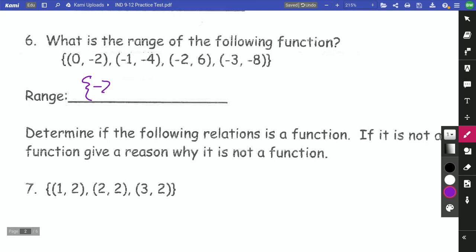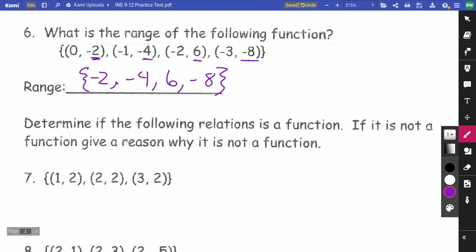Well, there they are for us. We just write them down, the y values for each of those ordered pairs. -2, -4, 6, -8. And sometimes this seems too easy and people think they need to do something else, but no, that's it. Just don't write down any repeats because you only need to write the number once.